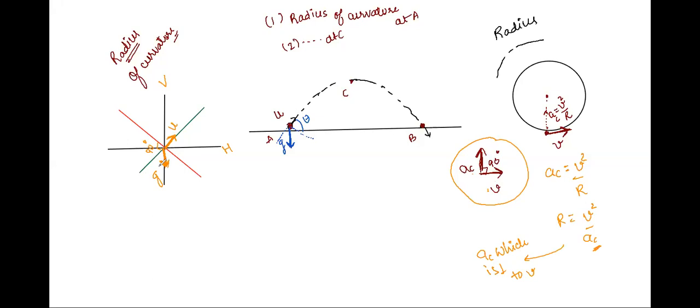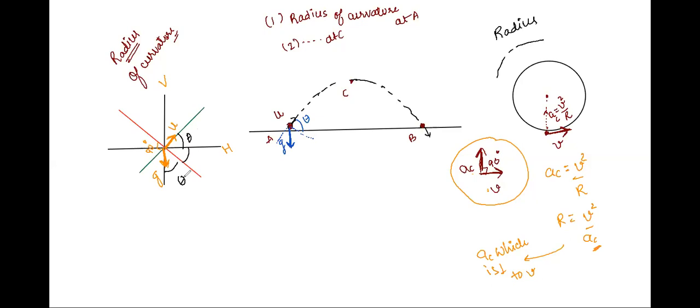See now, I'm writing the angles. u makes an angle theta with the horizontal, correct? Therefore, this angle will be 90 minus theta, and therefore this will be theta. So now I can take two components of g, one along the green line and one along the red line. I want to find the component of g which is perpendicular to u.